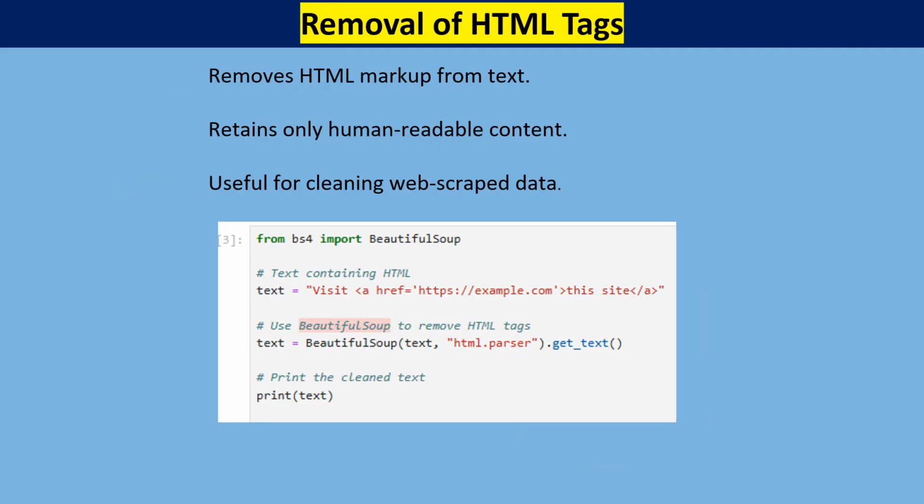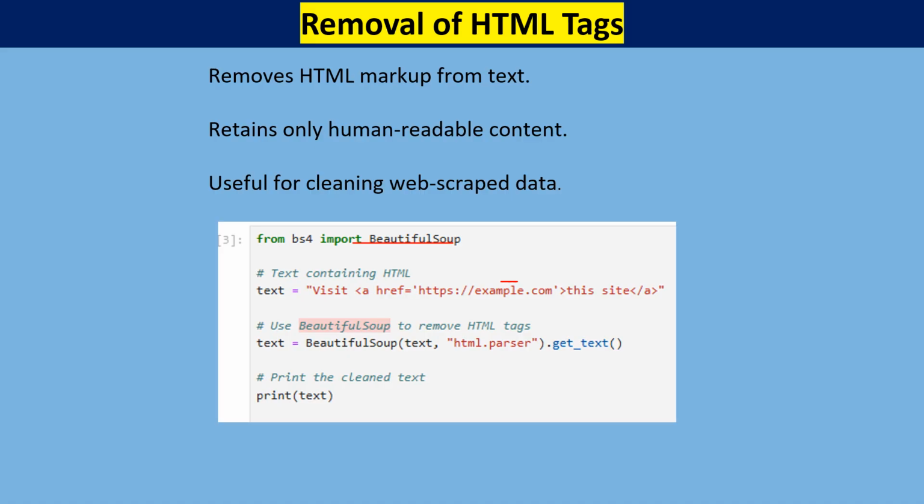Removal of HTML tags. When scraping text from websites, we often get HTML tags like div, span, etc. These tags do not carry semantic meaning in NLP tasks and need to be removed. BeautifulSoup is a Python library for parsing HTML and XML documents.